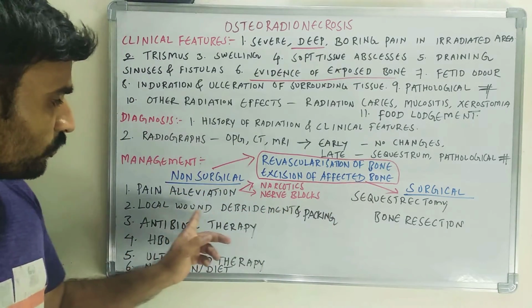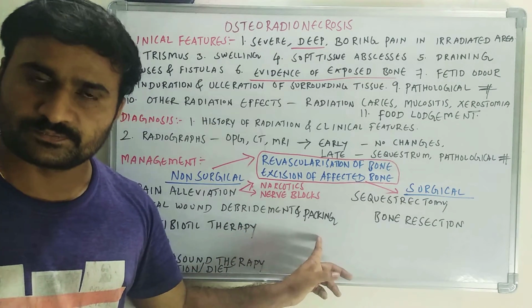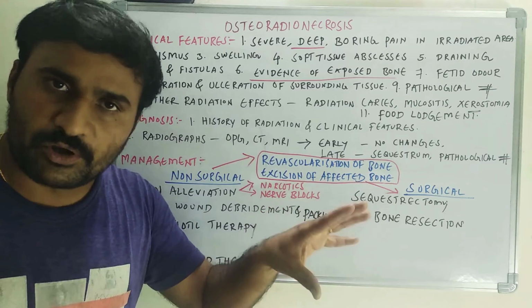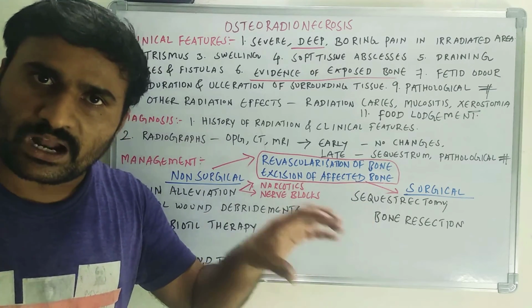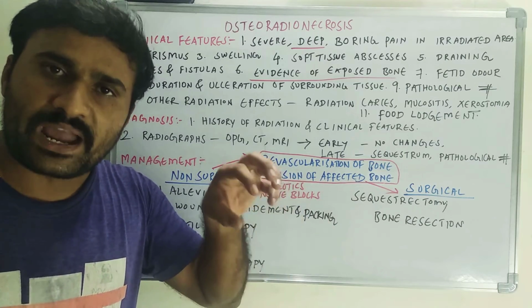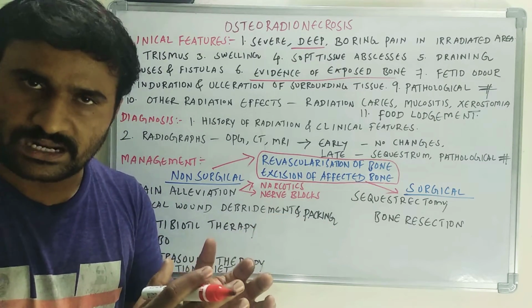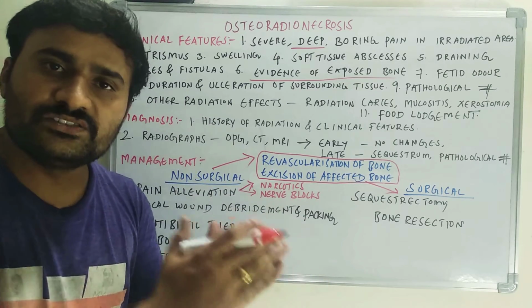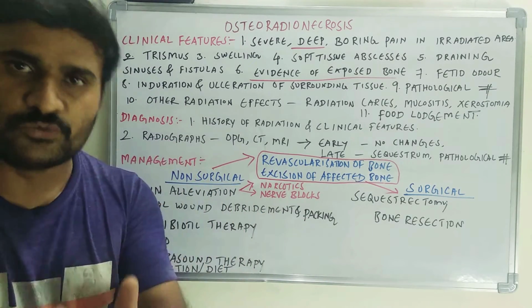Then local wound debridement and packing. Local wound debridement with antibiotics or normal saline, and we should pack that area. Exposed bone is packed with gauze containing neomycin, which is an antibiotic, and zinc oxide eugenol.